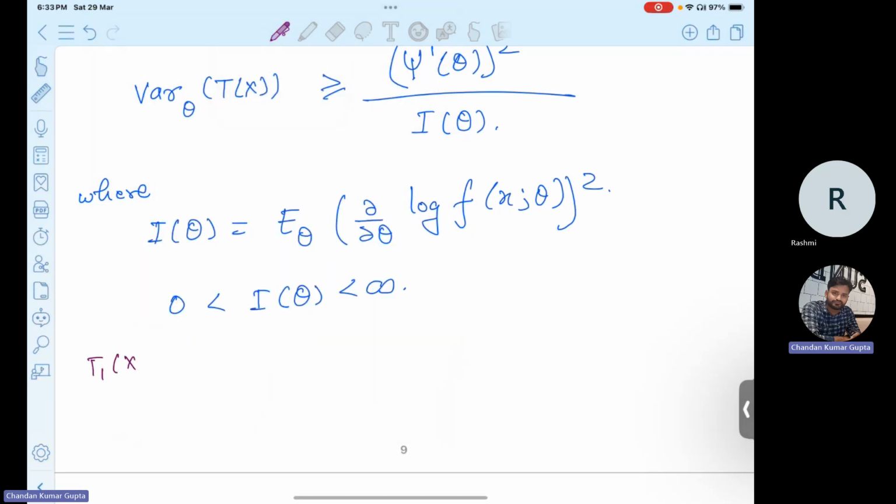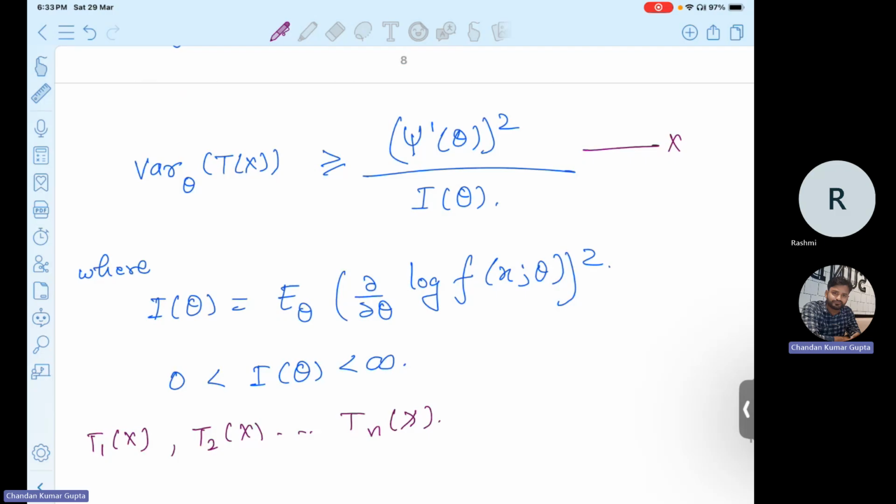Suppose we have T1(x), T2(x), similarly Tn(x). We have different unbiased estimators, and among these n unbiased estimators, one estimator has a variance equal to the star expression. The others have variance greater than it, or possibly equal.